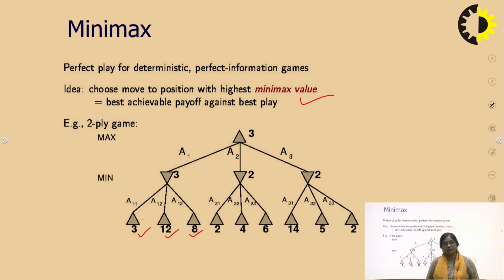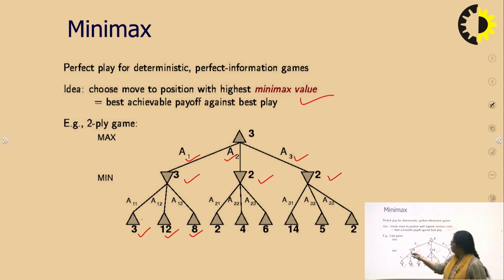We are trying to understand with the help of this particular smaller game tree. Here 3 actions are possible. Max will calculate the maximum among these 3, which means it has to calculate the minimax value of all 3. Now this is Min's turn.